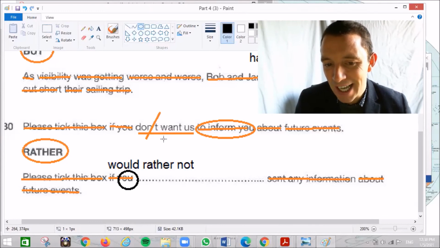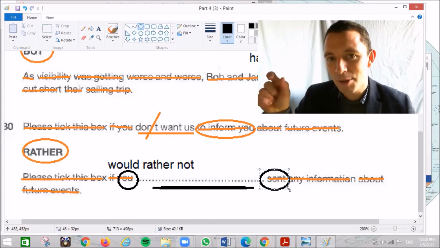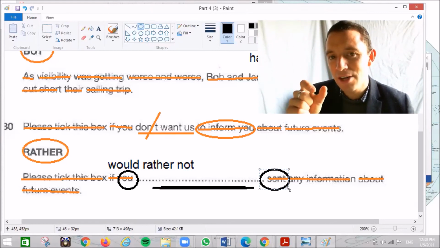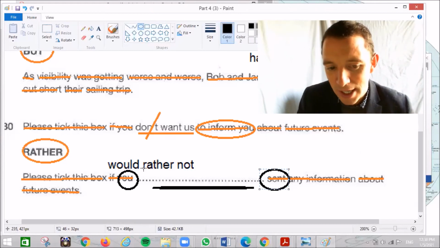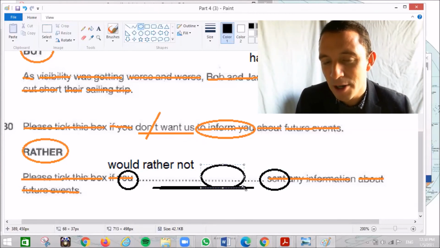The first sentence is the active, and the second sentence is the passive, because we have the participle sent, so that's the second part of the passive, and the first part is the auxiliary verb to be, and also the subject. Okay, so we need the subject, we have you, would rather not, and now we need the auxiliary in the passive of the verb to be.